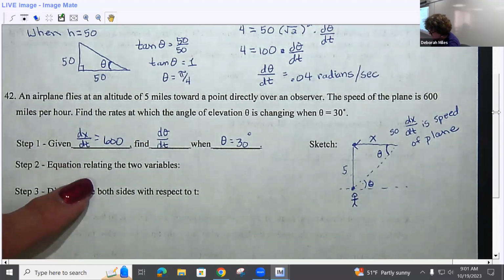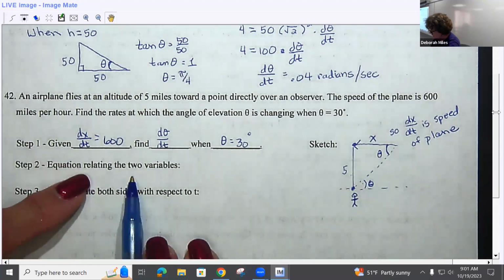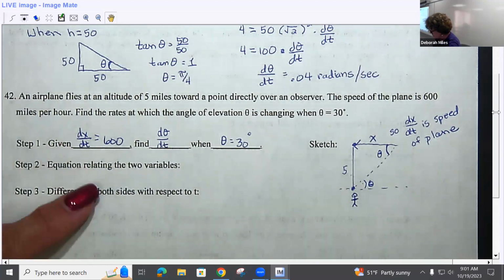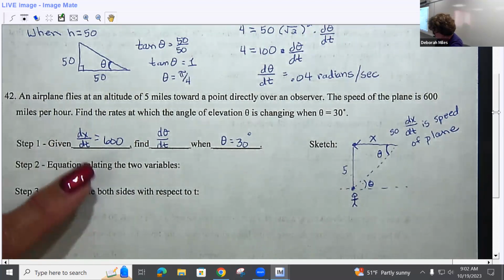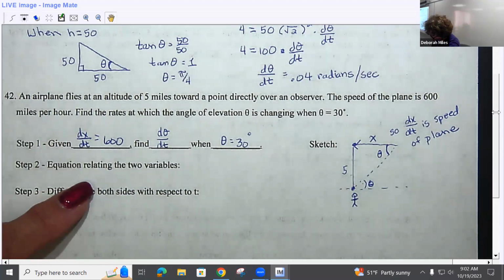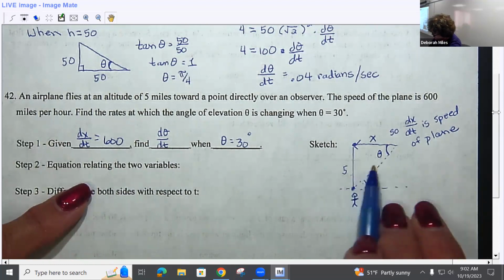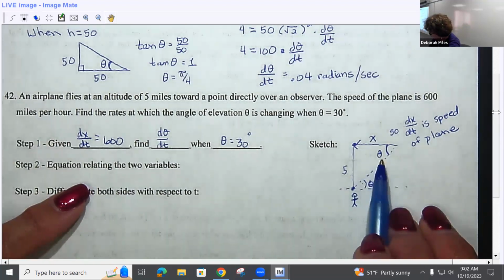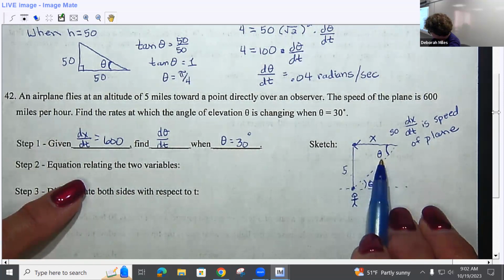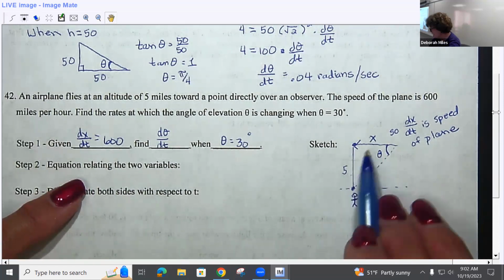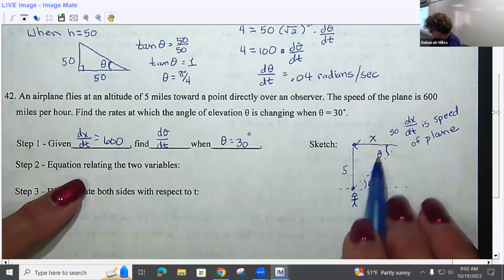I need an equation relating x's and thetas. Tangent again. Tangent theta would be what? 5 over x, opposite over adjacent.